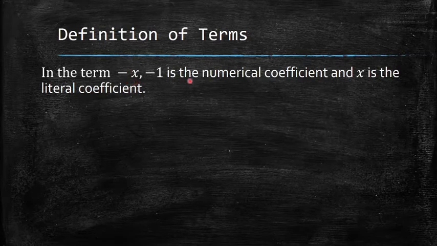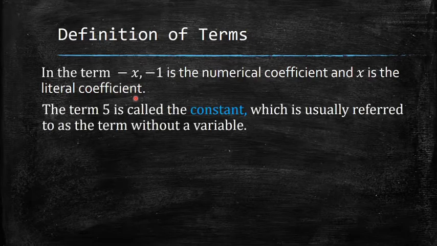So that's why the numerical coefficient is negative 1, and x is the literal coefficient. Now the term 5 is called the constant, which is usually referred to as the term without a variable.